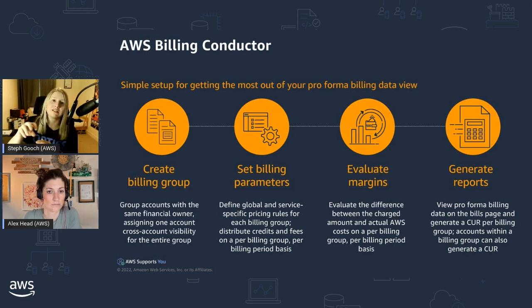So they had to set up miniature member account CURs in their individual accounts, and then bring them all together. Now that central FinOps team or CCOE team can have their big CUR, but the grouped accounts can now have their individual ones. So this is solving a lot of problems for some of our customers. I recommend checking this out if you are a massive customer and need this, or if you want to add pricing data to your Cost and Usage Report.